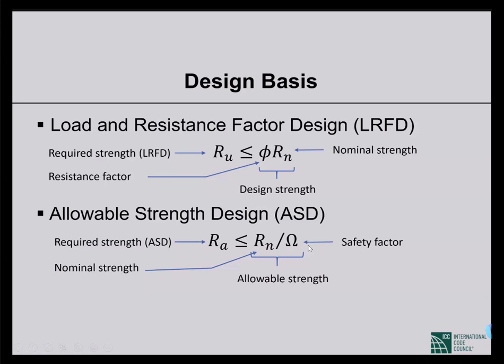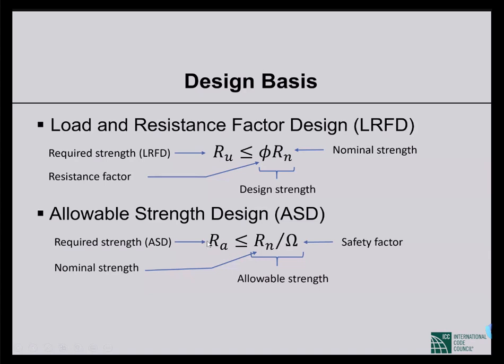And we divide by that, we reduce it by a larger margin so that we can compare the strength or capacity with the service level demand. That is, Ra is the required strength for allowable strength design.